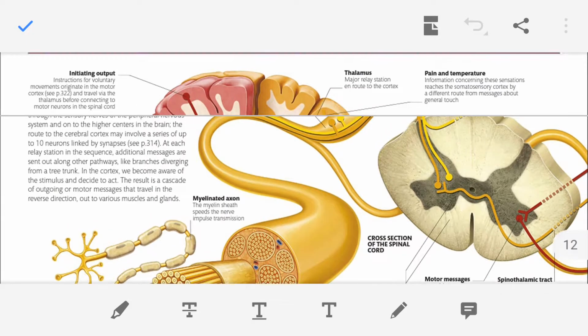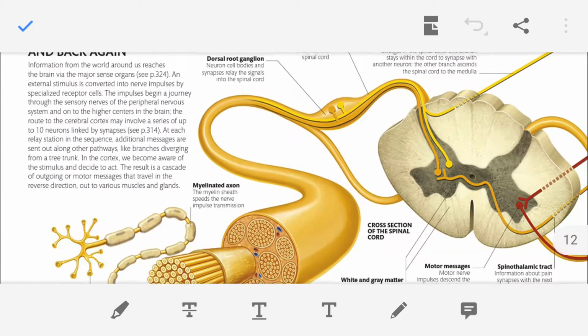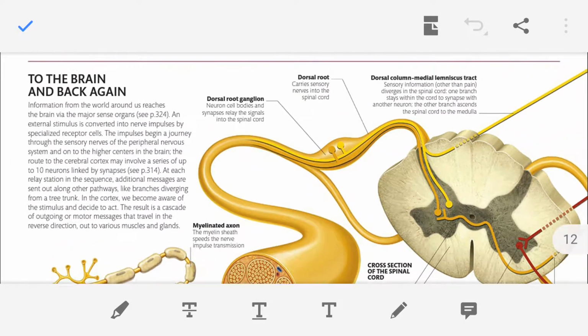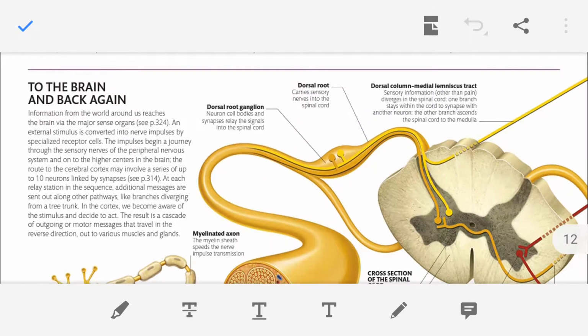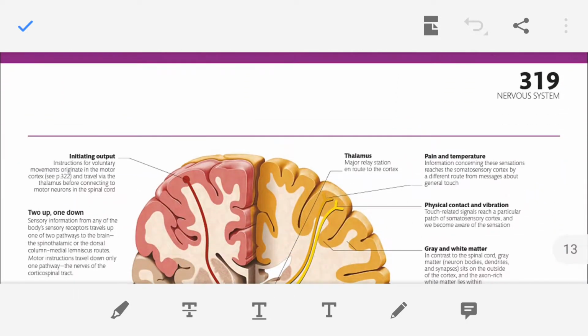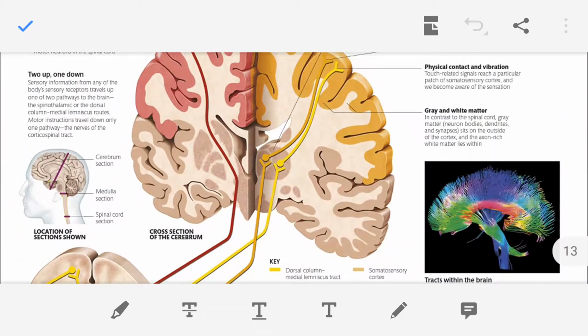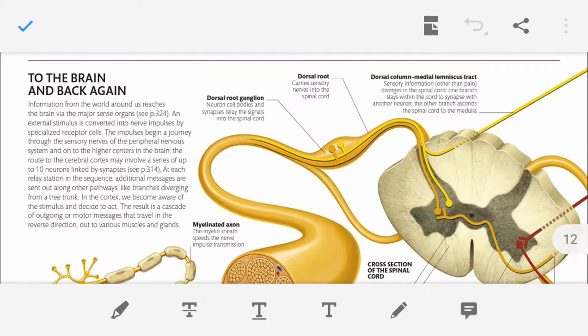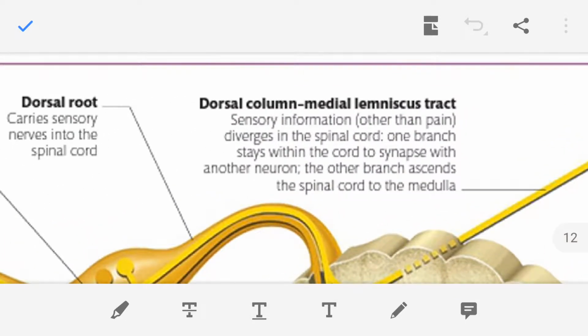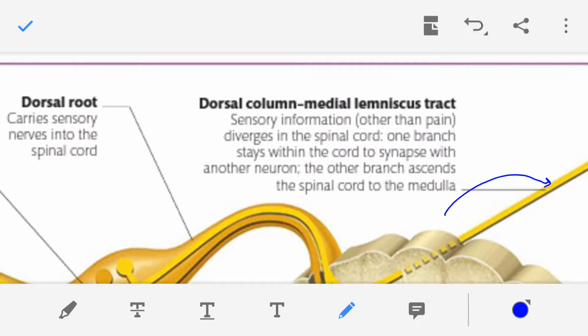Okay, and here in this figure also, this one is the spinal cord. So we can say between the spinal cord and the brain the tracts are present. The name of the tract, this one is the dorsal column medial lemniscus tract.